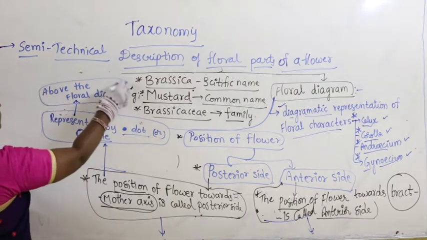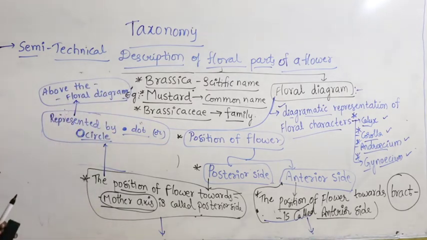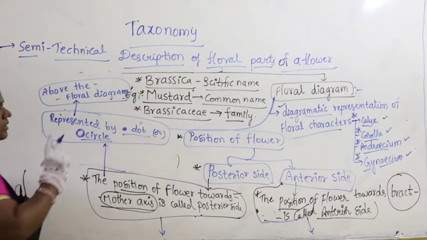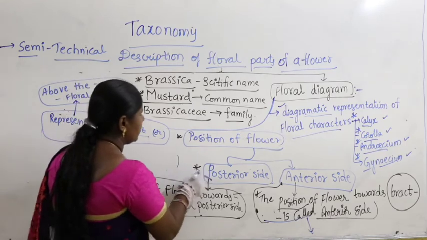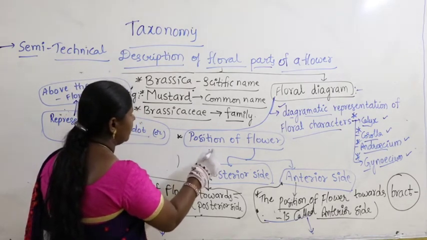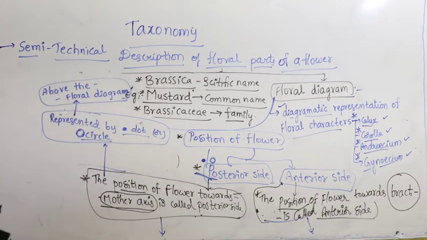On the top of the floral diagram, it will be represented with a dot or a circle. The posterior side can be represented with a dot or a circle, placed above the floral diagram.